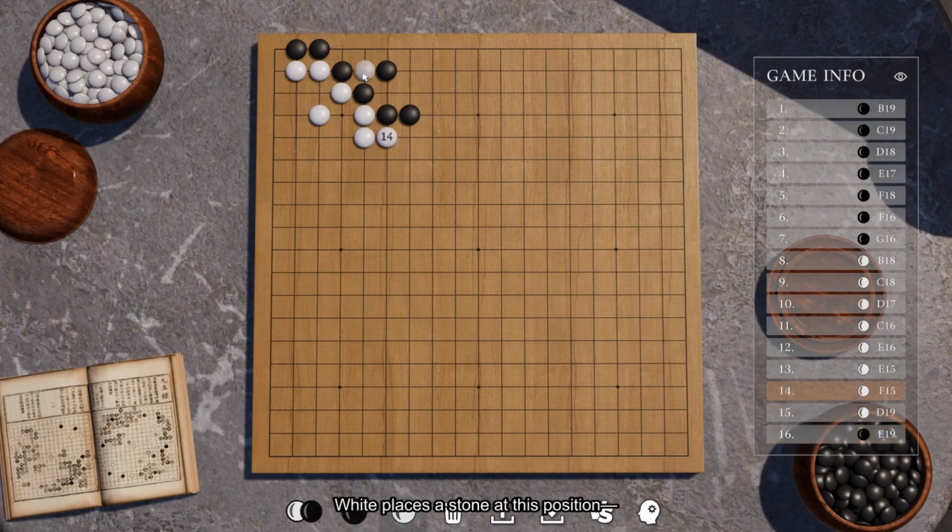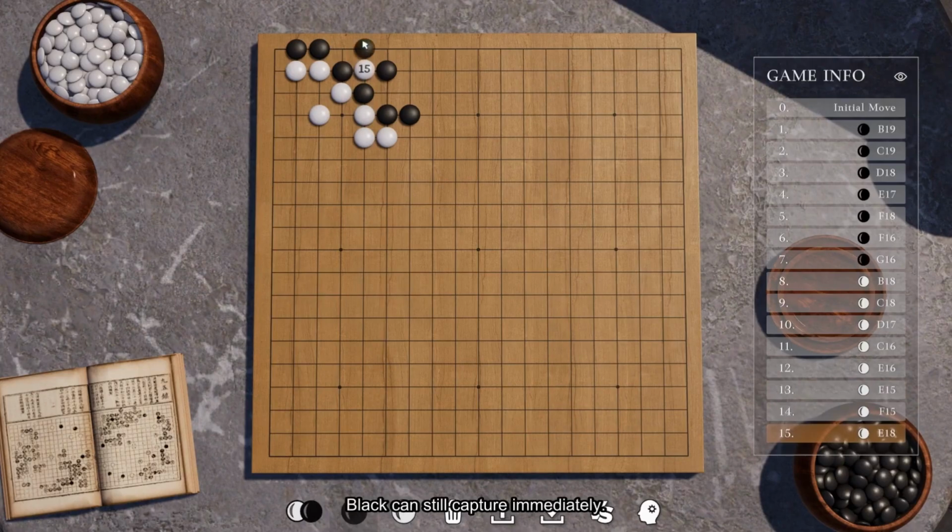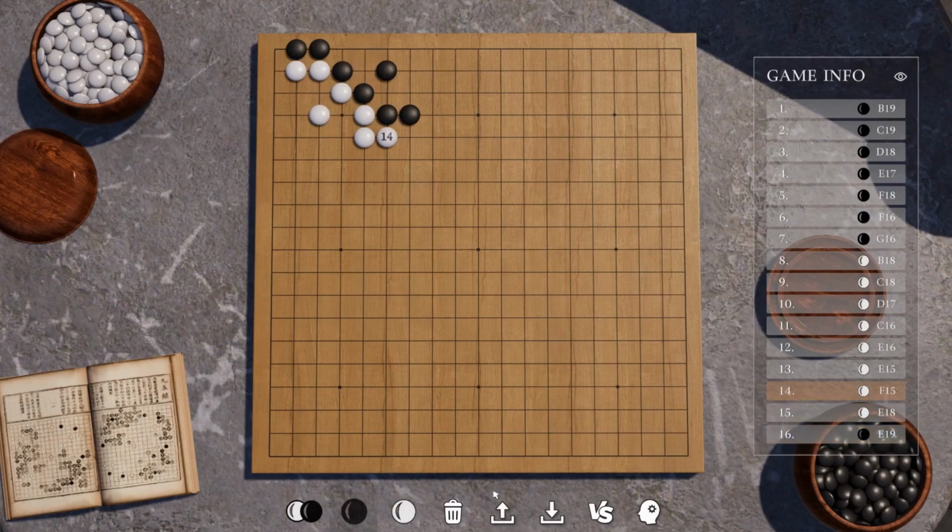White places a stone at this position, black can still capture immediately. This is the third tiger's mouth. White places a stone here, black captures immediately. This is the fourth tiger's mouth. So on this board, black has 4 tiger's mouths. Now let's look at white's tiger's mouths.